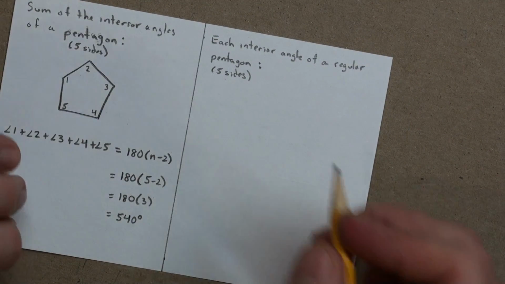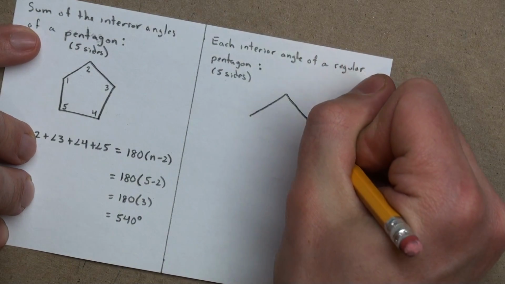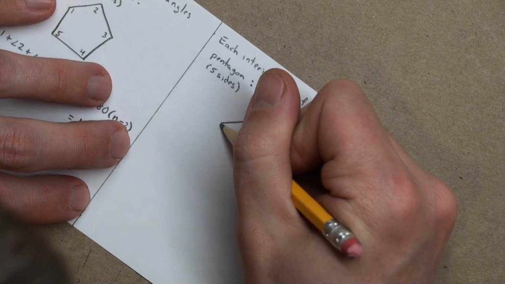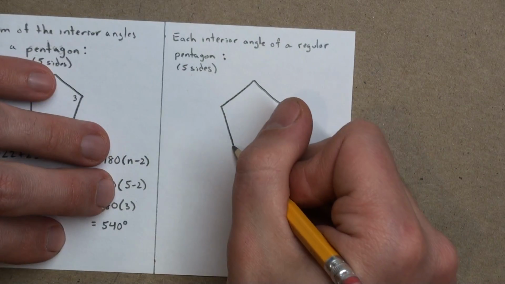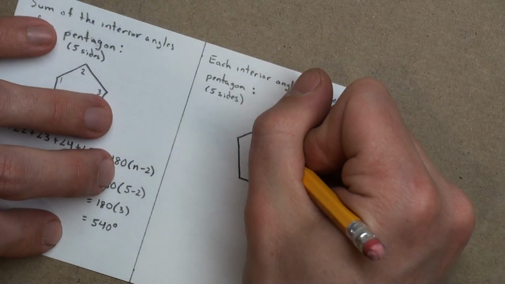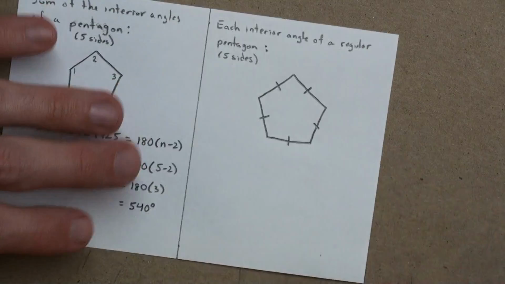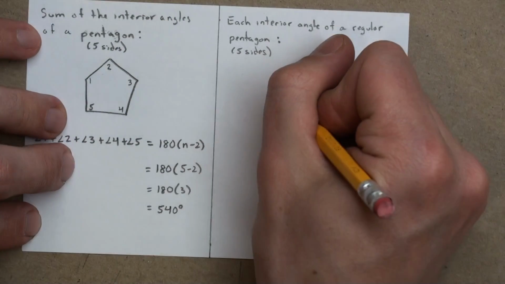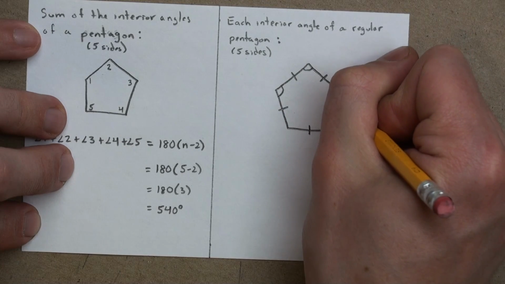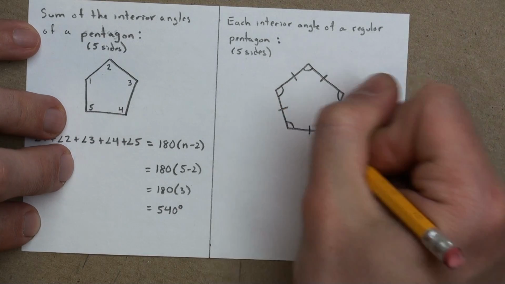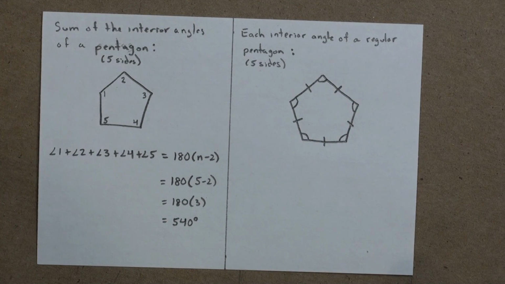So this time, all my sides are really supposed to be the same length, so I'm just gonna do my best to make them look the same. So this side and this side and this side and this side and this side are all congruent, and this angle and this angle and this angle and this angle and this angle are all the same. Okay?